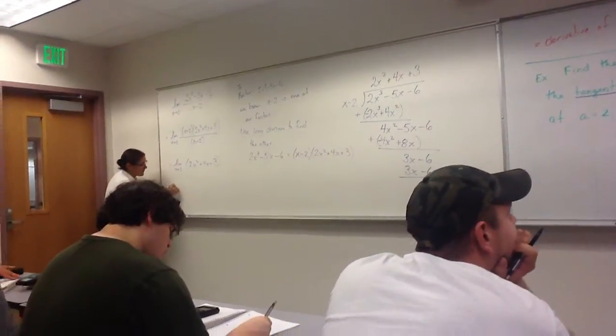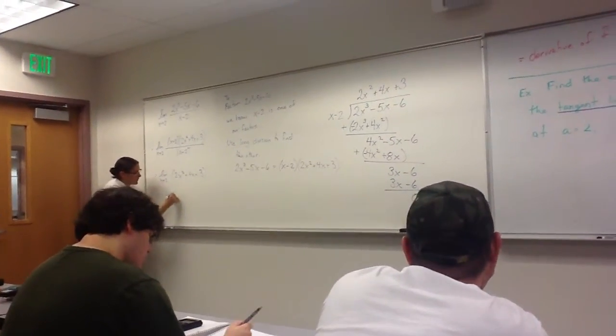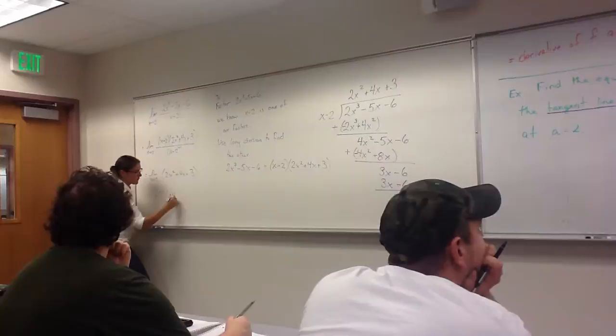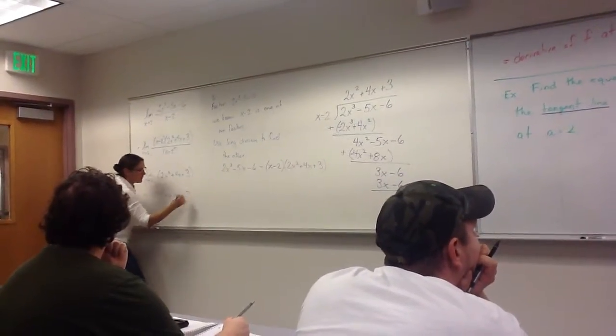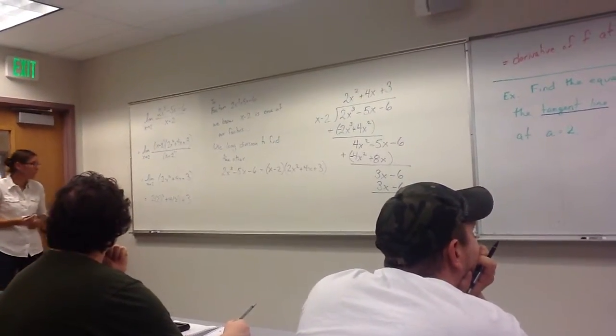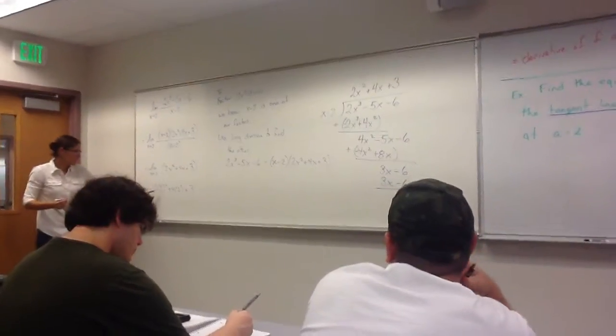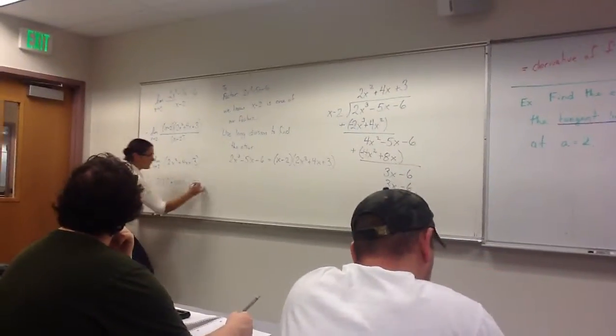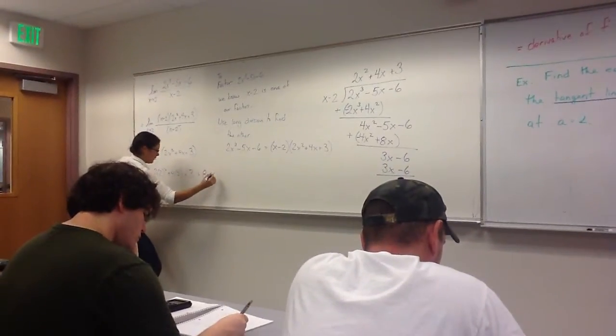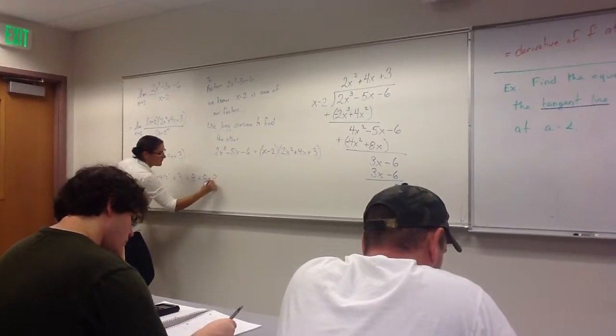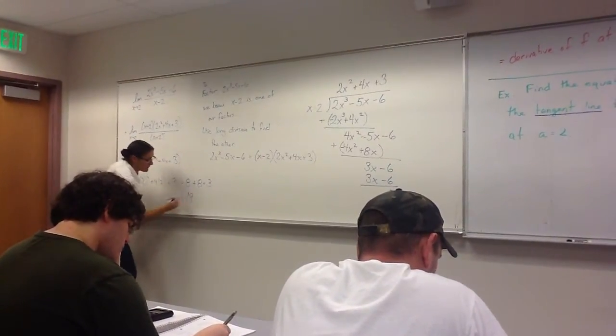And so in this case, what we have here is 2 times 2 squared plus 4 times 2 plus 3. All right, so we've got 8 plus 8 plus 3 for a total of 19.